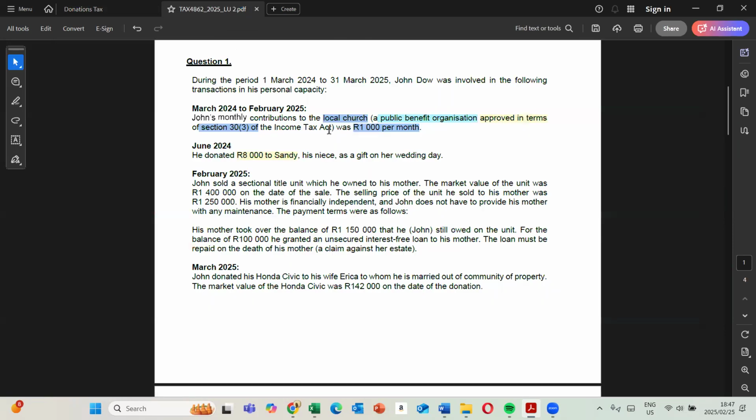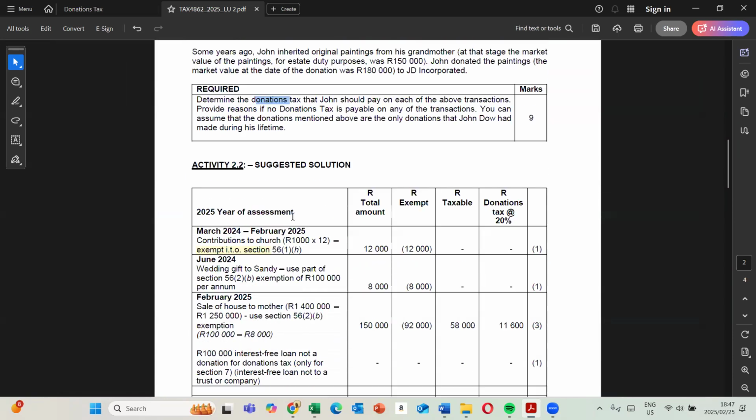So John made a donation of 8,000. It's subject to donations tax. However, because John is a natural person, he's going to receive the exemption of 100,000, limited to 8,000.